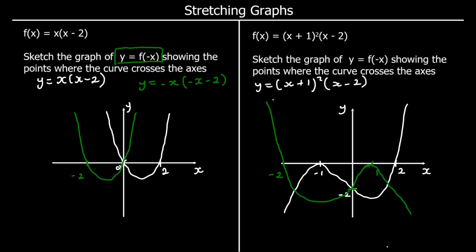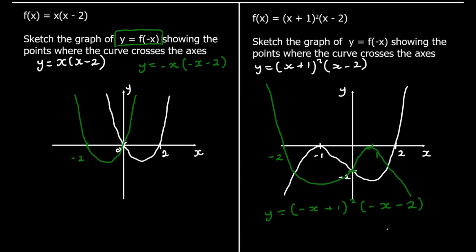If you wanted the equation of this, you have to change all the x's into -x. That'd be y equals -x plus 1 squared times -x minus 2. And if you wanted to make that look nicer, you could factorize a -1 out of this bracket and move it to the front. So have a negative on the front and write this as 1 minus x.